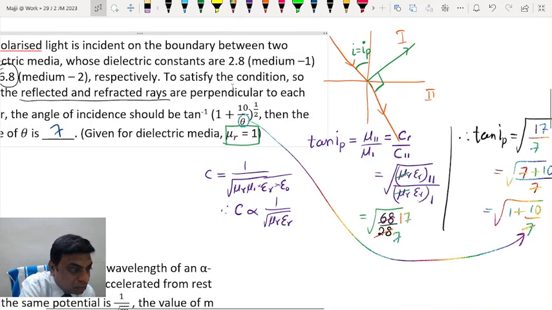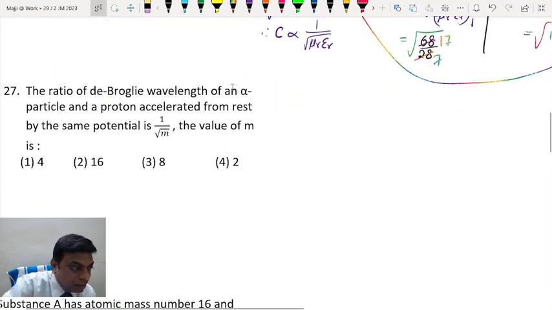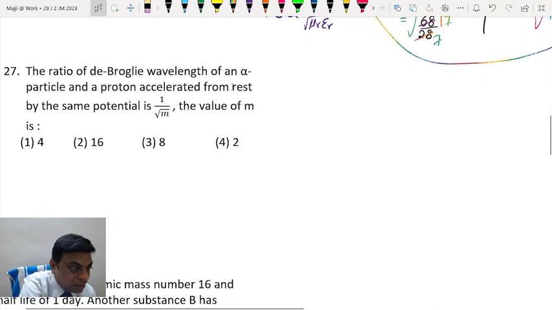Then moving on to the next question. The ratio of de Broglie wavelength of an alpha particle and a proton accelerated from rest by the same potential is this, the value of m.